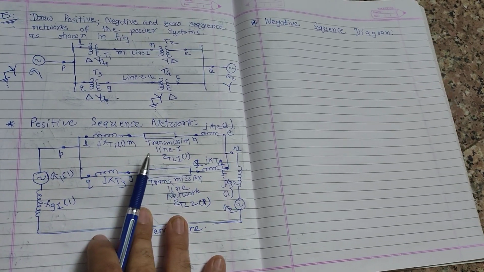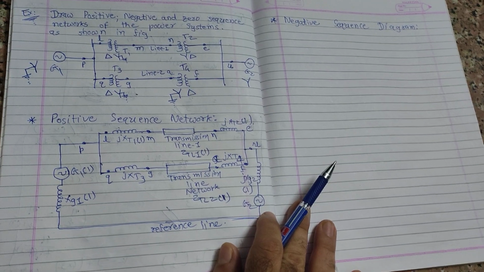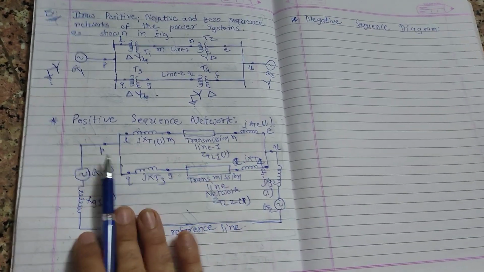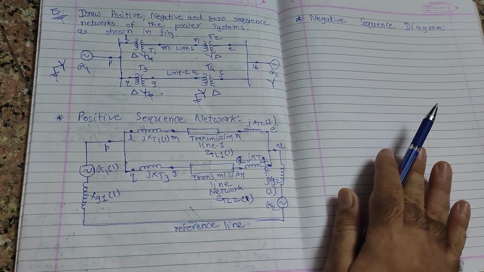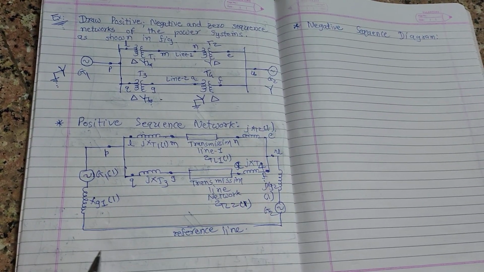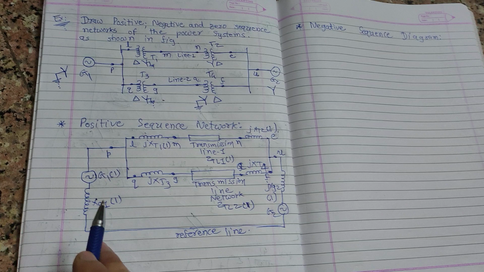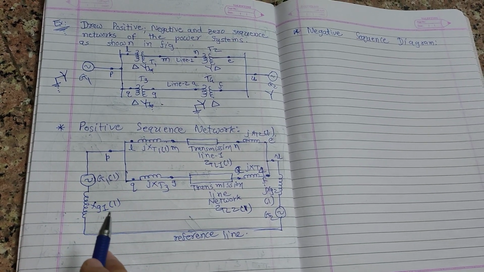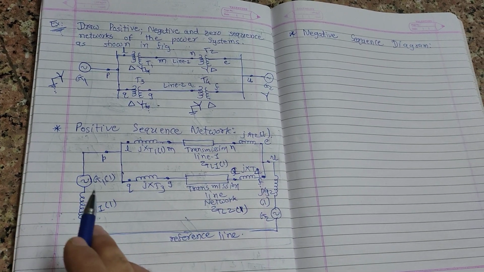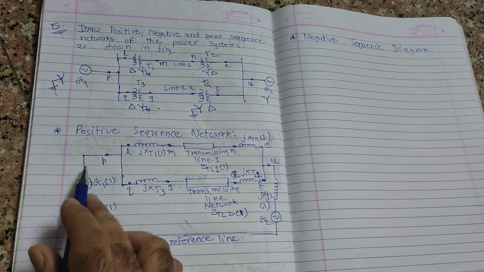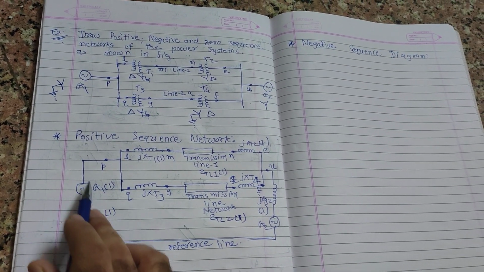Now we will see the negative sequence diagram. What is the difference between the positive sequence and negative sequence diagram? Look at this. The only difference is about the sources. Any sources given are considered directly short circuited.